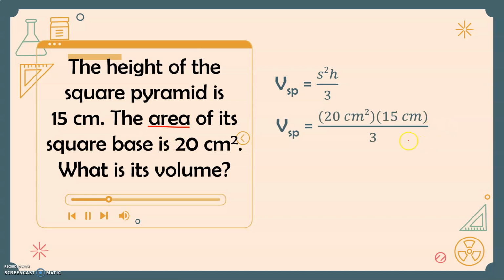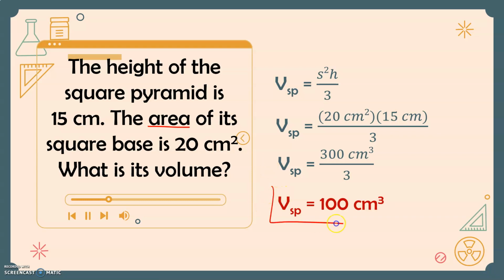So if we substitute it in our formula, we'll already have the s squared, which is 20 square centimeters. Then we'll just multiply it with the given height, which is 15 centimeters, and then divide by 3. And that will be equal to 300 cubic centimeters divided by 3. We'll have 100 cubic centimeters. So this is now the volume of the given square pyramid.